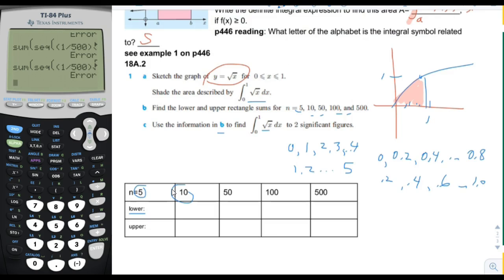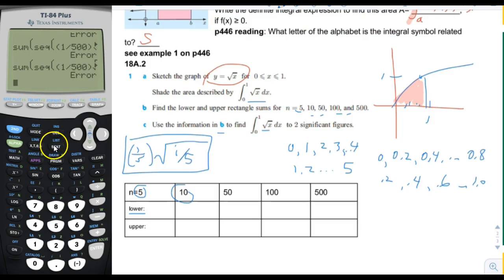So it would be something like the square root of the counter divided by 5. And then we would multiply that times the width, which would be just 1 divided by 5. Right? So this would be our value for the area of the rectangle.